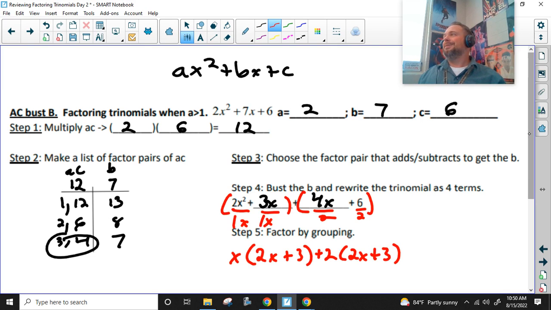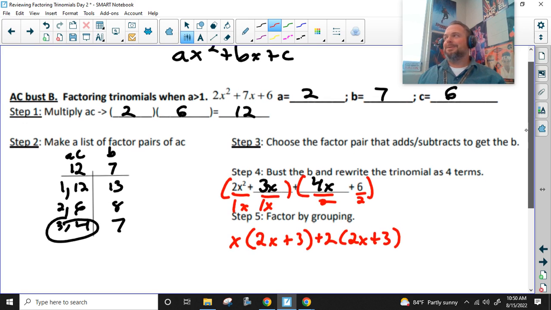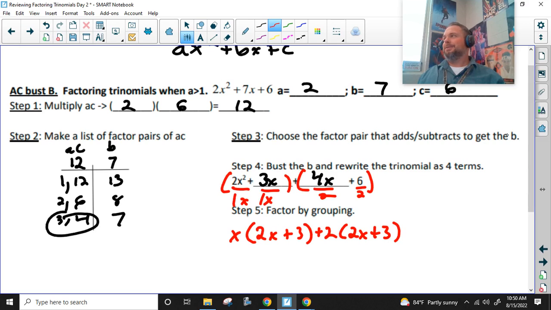What is 2 in Korean? All right. Our GCFs go together. Our leftovers go together.